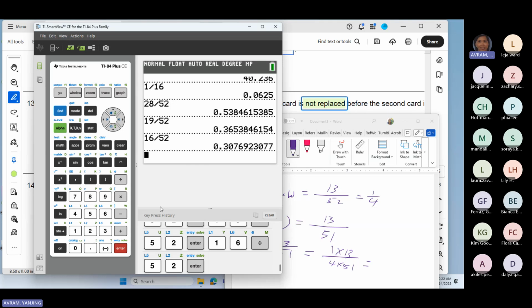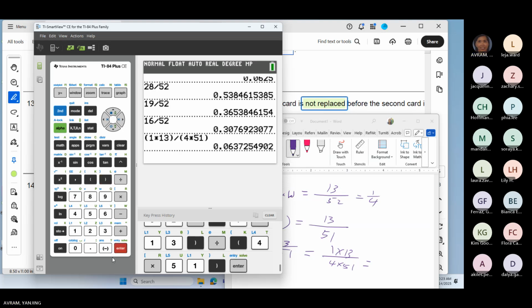Doesn't matter, right? So you have 1 times 13 divided by 4 times 51. Okay, and then to 3 decimal places, right? So 1, 2, 3. So this needs to round up to 0.064.